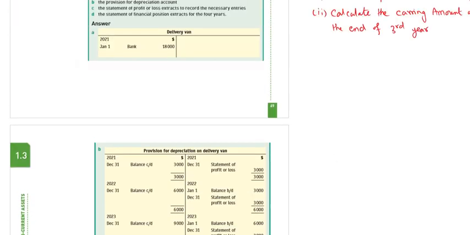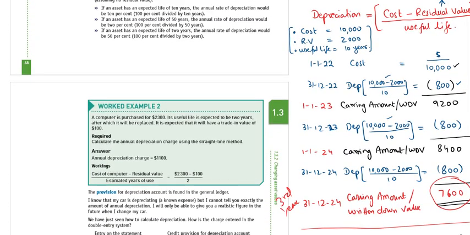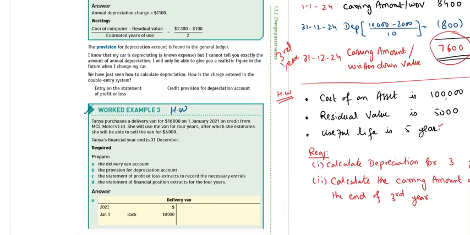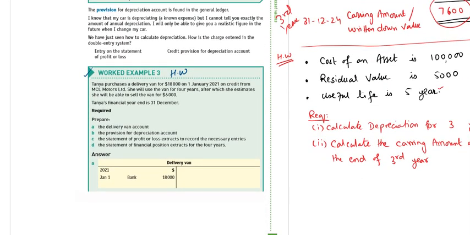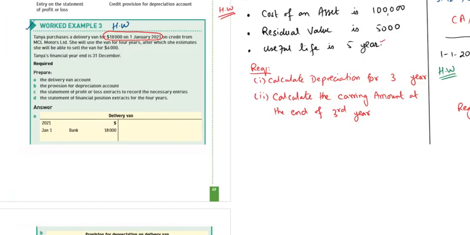You can extract data from the original calculation, that is this one. T purchased a delivery van for $18,000 on 1st Jan 2021. So this is the first entry related to purchase of an asset, and the second entry will be the depreciation of an asset. You can also extract data from here.